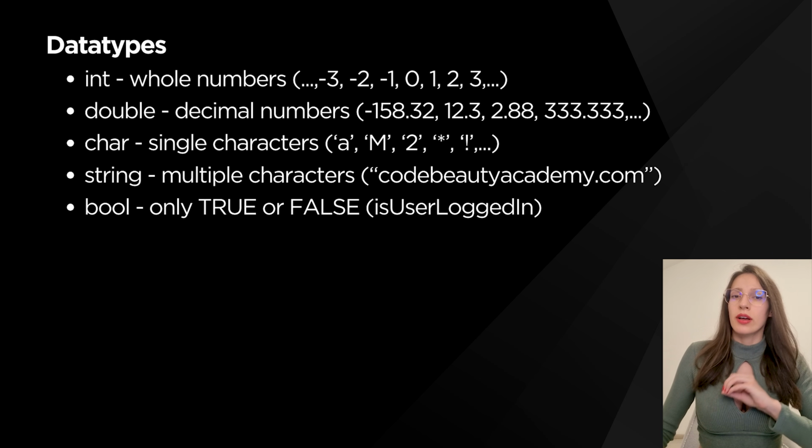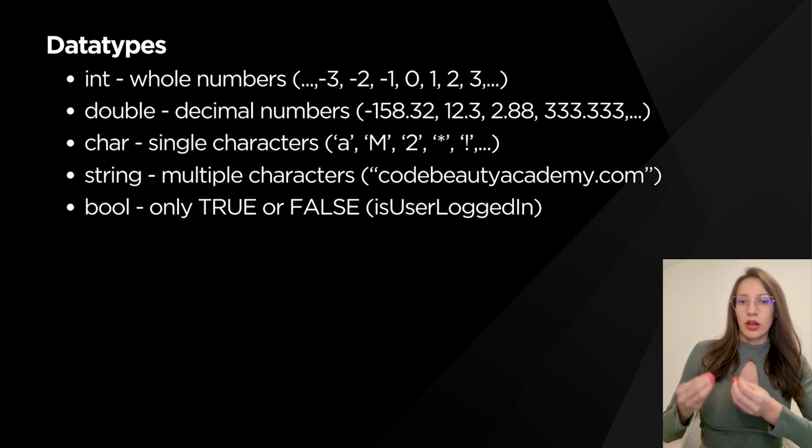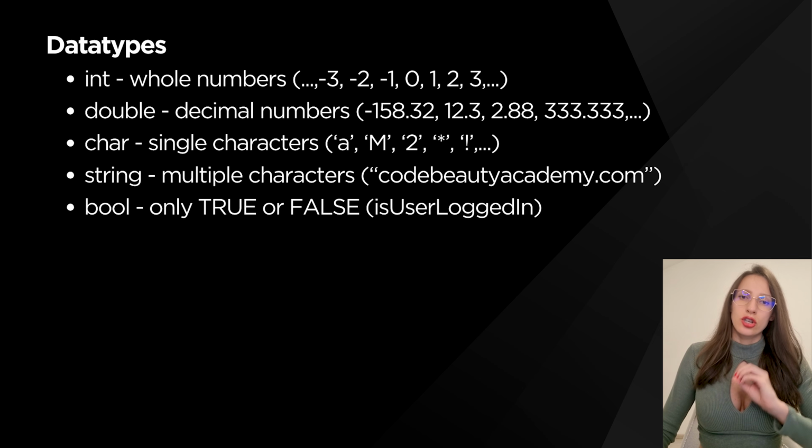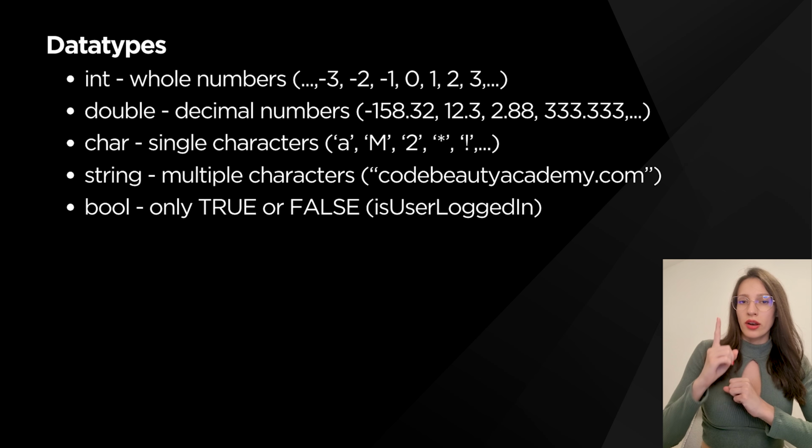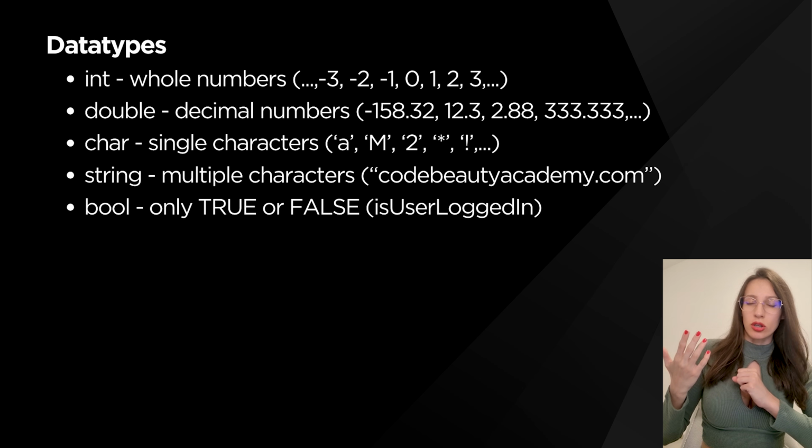And then we have double, and double is used to store decimal numbers, like 2.5, -2.5, and so on. Then we have char, and the char data type is used to store one single character. That can be a letter or some special character.